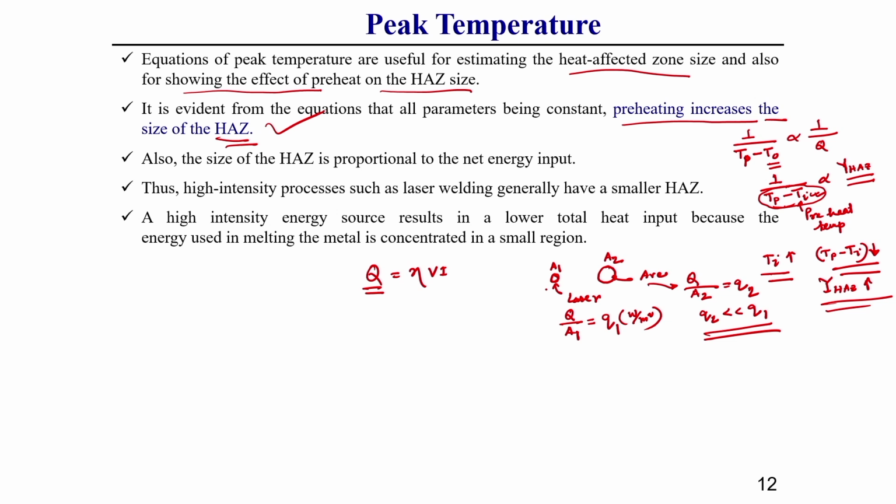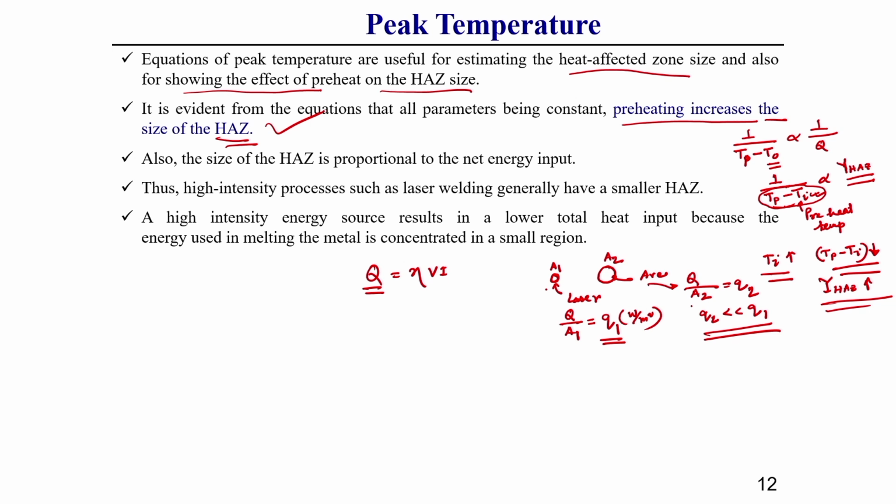So, if the size of the heat source is more, then to get the same intensity, your heat input Q value will be less.